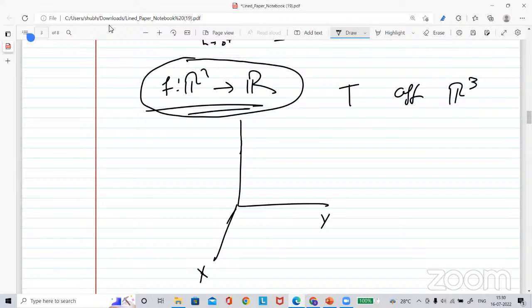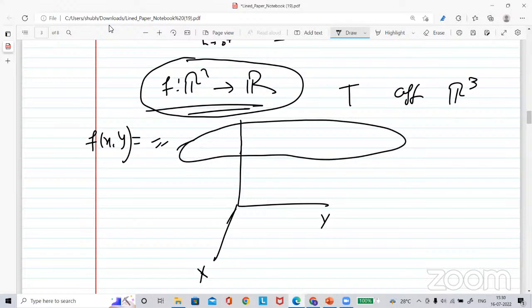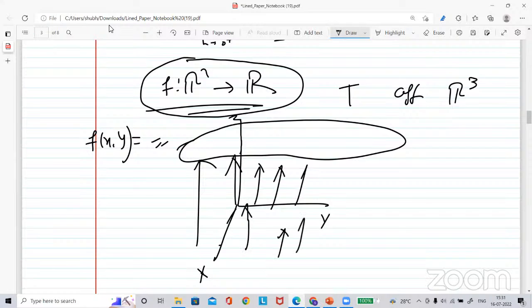When you substitute, you will get the value z. Like you have this function f of x, y equal to some value. So when you graph this function, your graph will be in R3 because you substitute values and get an output, and that output you can think of on a z-axis like this. That's why your graph is going to be in R3.